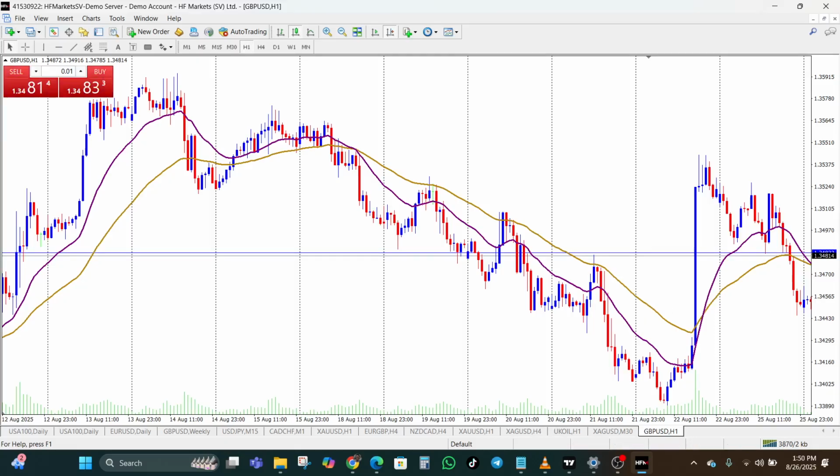Now, if you are new to moving averages, it's a good idea to practice with them on a demo account first. Try applying different periods and types of moving averages to see how they respond to market conditions.